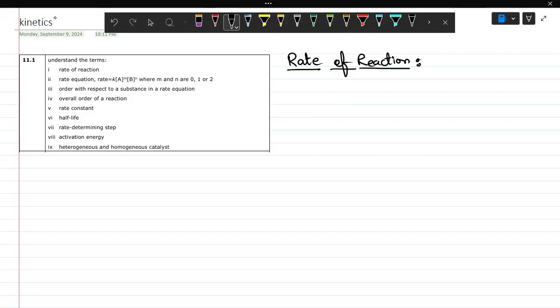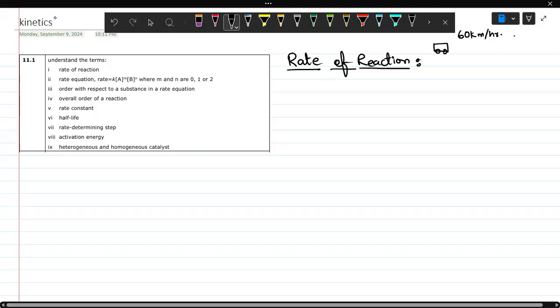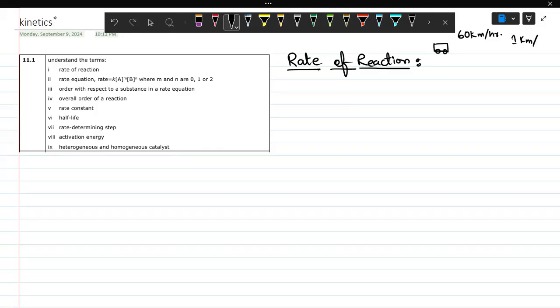If your friend bought a car and you go to his or her home and ask what the speed of this car is, he or she will surely tell you, let's take an example, 60 kilometers per hour. If you make the distance over a very small unit of time, it becomes 1 kilometer per minute.